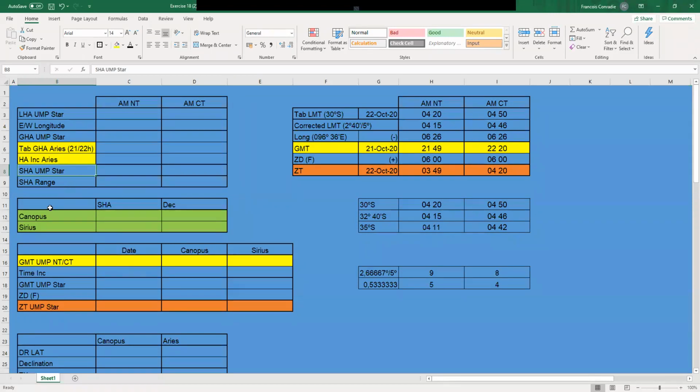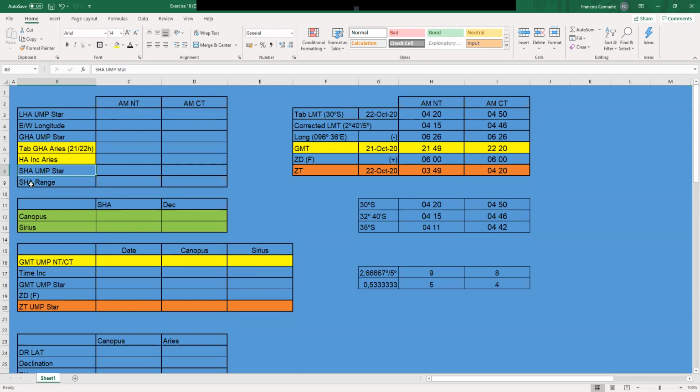Polar angle, right? It's a sidereal hour angle. That's what it stands for, and you're quite right. It's a polar angle, and it indicates the angle between Aries and whatever star it is that you are looking for. So between Aries and any other star.